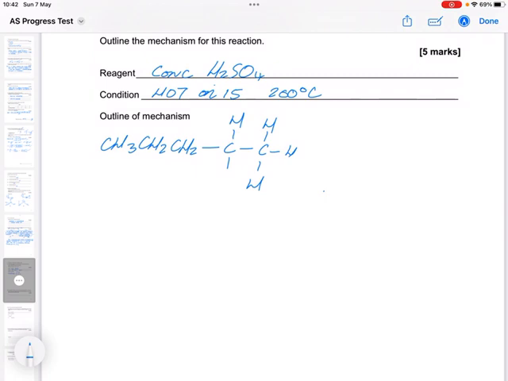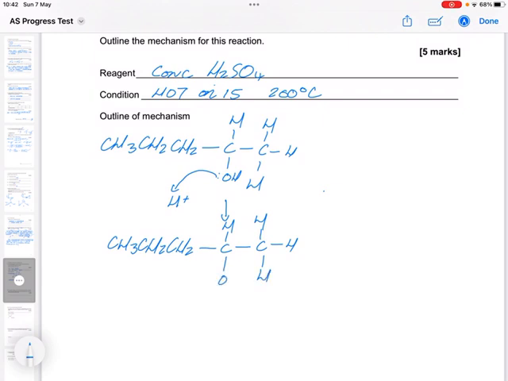Okay, I need to put my OH on here, so there's my OH, lone pair there, and here's my first arrow from there to there, so that's going to be one of the marks. So it's got two hydrogens on there now, and that is positively charged.